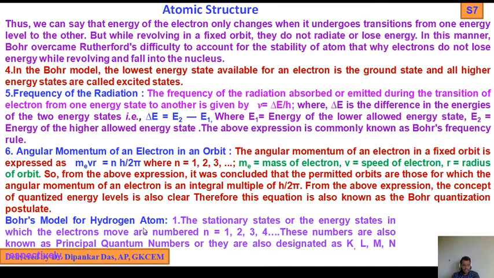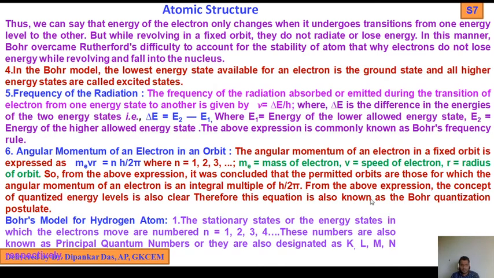Bohr model for hydrogen atom. So I have discussed up to 6; these are the different postulates of Bohr theory, which is very important. In Bohr's model for the hydrogen atom, the stationary states or energy states in which the electron moves are numbered n equals 1, 2, 3, 4. In the previous slide I showed n equals 1, 2, 3.